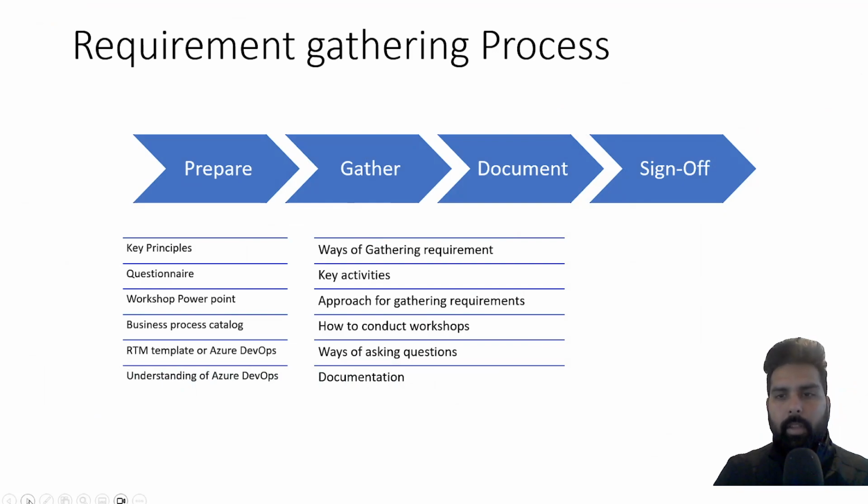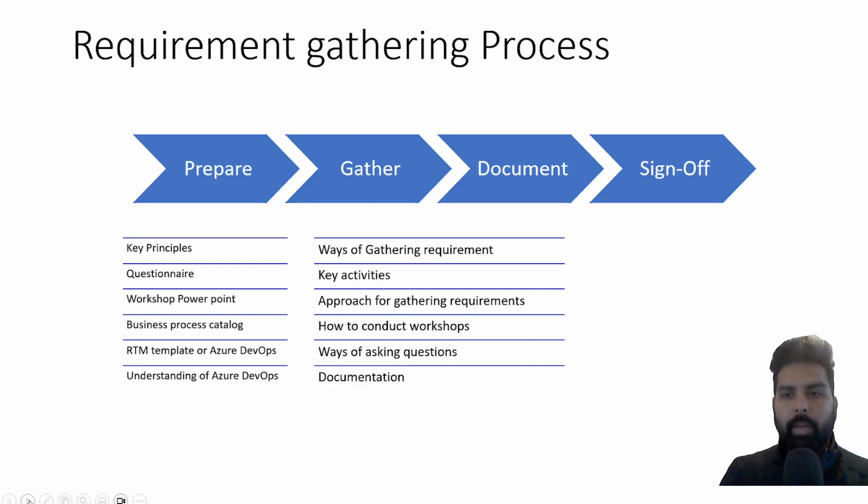If you have been following this series, we are talking about fit gap analysis as part of one of the major processes, which is your requirement gathering process. And we have categorized this process into different phases. We have talked about how you prepare for the requirement gathering process: key principles, questionnaire, workshop PowerPoint, business process catalog, requirement traceability matrix, and understanding of Azure DevOps.